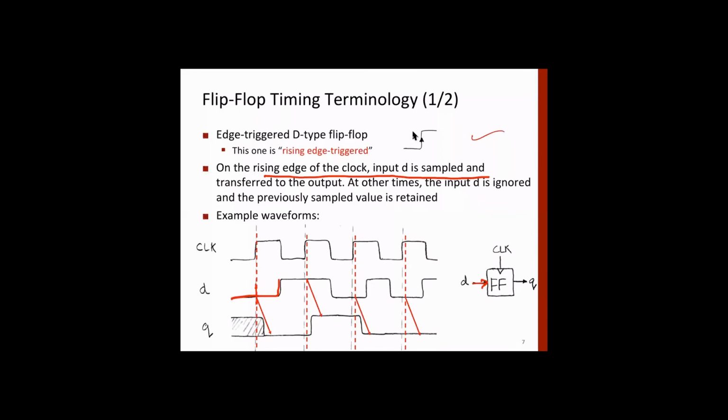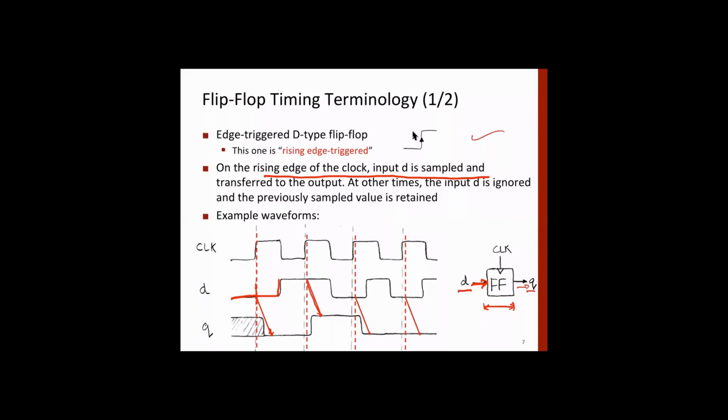And after some time, which is the delay from here to this place, that sampled value becomes available at the output. This arrow here shows the delay, because of which the value D becomes available at the output.